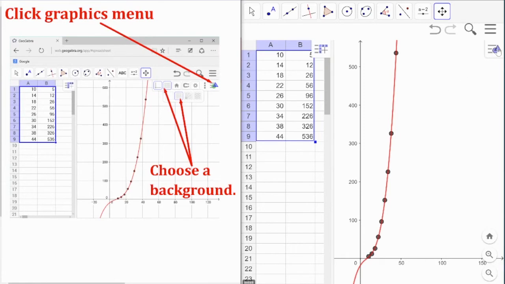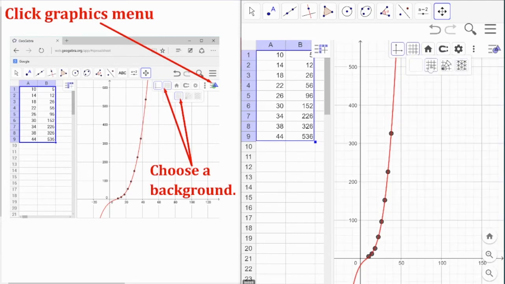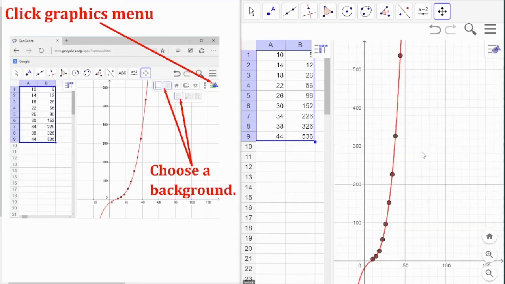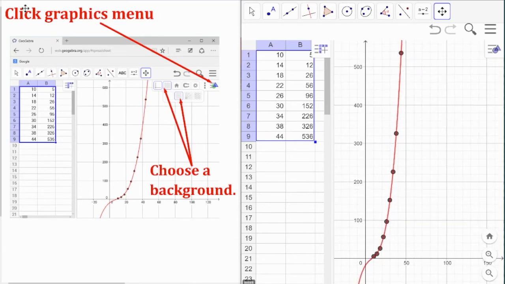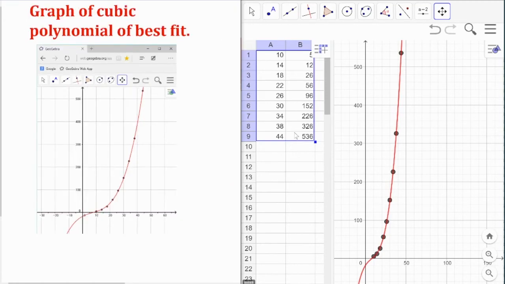So this is the graphics button that lets us change the background. For this to work, you have to click on the background first, and then the graphics button, and we can choose. For us, we want the rectangular graphics background, and then I'll click this to close it. Okay, so there is the graph of our stat points and our polynomial function.